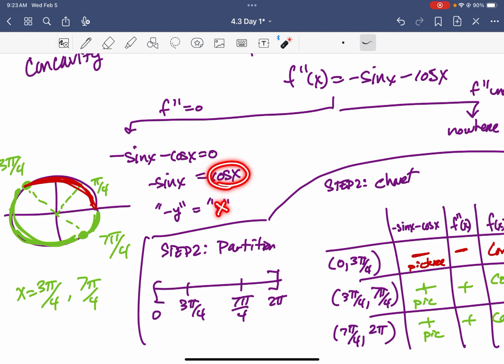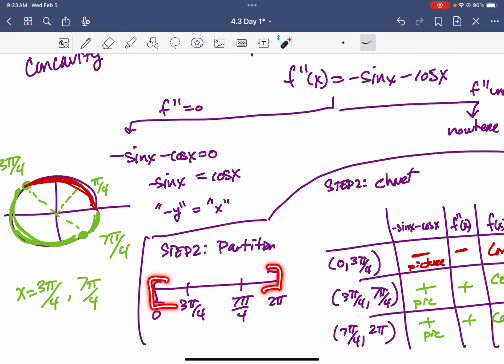So where's x equal to negative y? So where are they the same but differ in sign? Well, they have the same exact number here, and they differ in signs here and here on the unit circle. So that's 3 pi over 4 and 7 pi over 4. So those are the two values that satisfy the second derivative equation.